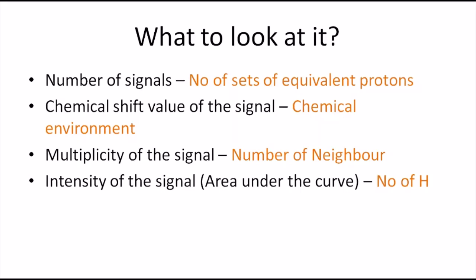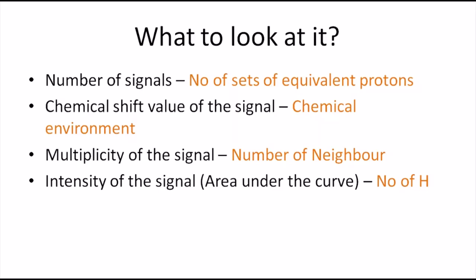And fourth, you have to see the intensity of the signal. The intensity of the signal is calculated by the area under the curve, not the height of the signal. It's not the height of the signal.